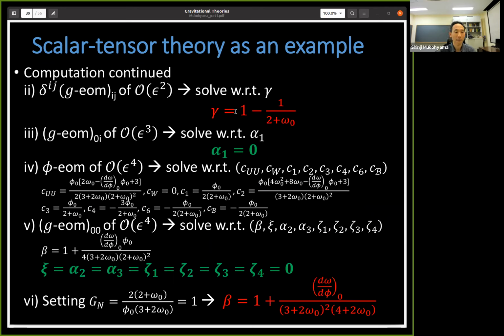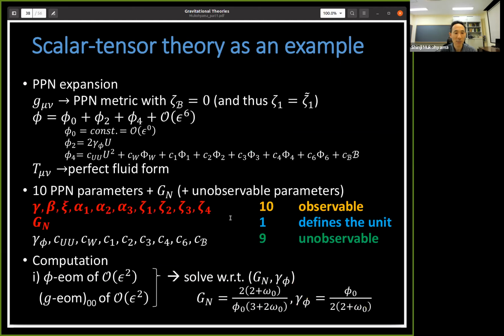Then the off-diagonal component of the Einstein equation tells us that alpha 1 is 0. And then we can compute the fourth order part of the equation of motion for phi. I think there are 8 independent terms, so we require each coefficient to be satisfied, and we end up with these results for the coefficients of these potentials.